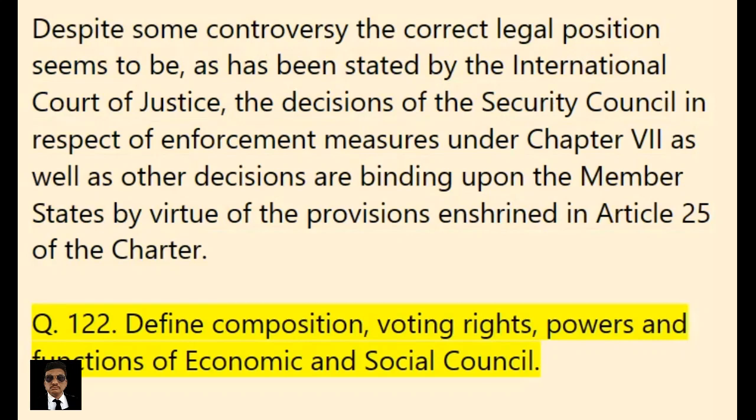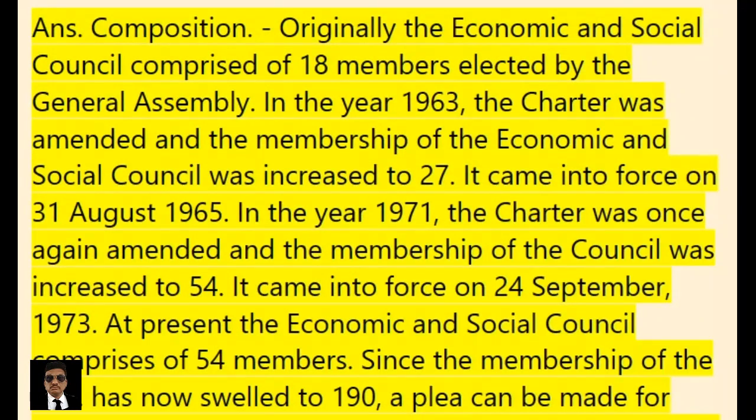Q. 122. Define composition, voting rights, powers and functions of Economic and Social Council. Ans. Composition. Originally, the Economic and Social Council comprised of 18 members elected by the General Assembly. In the year 1963, the Charter was amended and the membership of the Economic and Social Council was increased to 27.